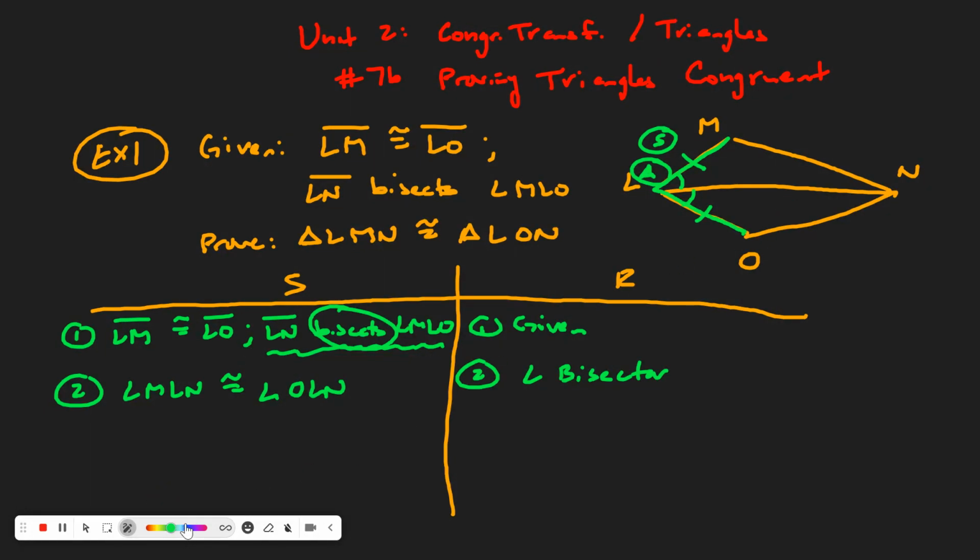They share a side. They share side LN. LN is used in both triangles. LN is congruent to itself by reflexive property. So step 3, segment LN is congruent to segment LN. This is going to be by the reflexive property.